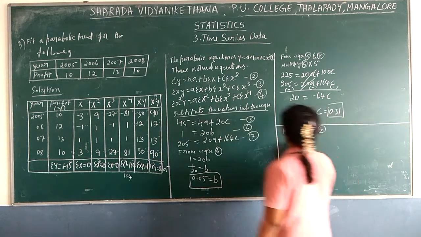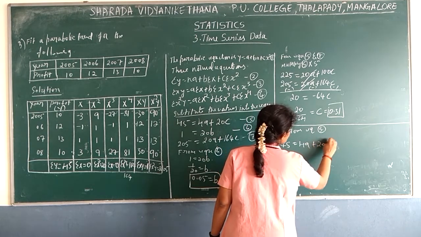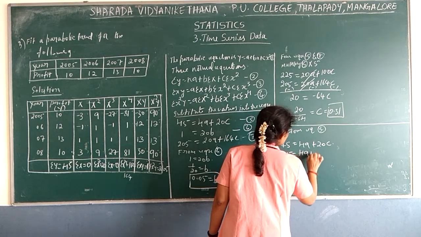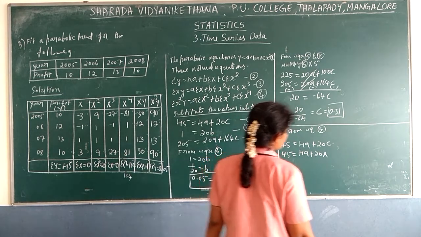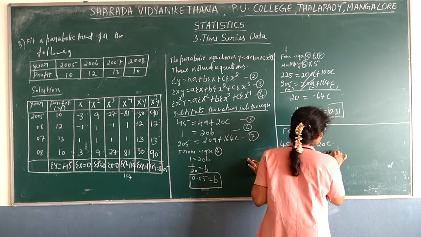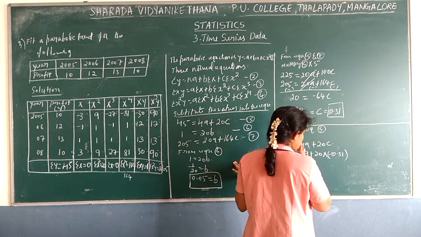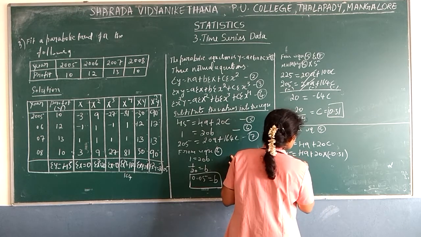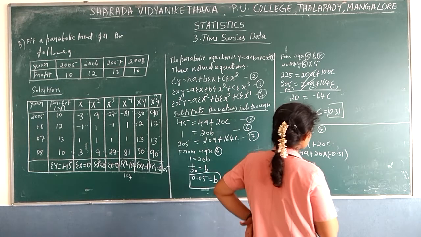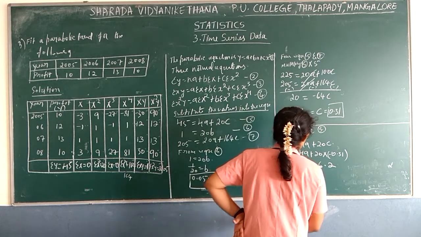From equation 5, take 45 is equal to 4a plus 20c. 45 is equal to 4a plus 20. What is the value of c? The value of c is minus 0.31. So 45 is equal to 4a plus 20 into 0.31, we get 6.2.